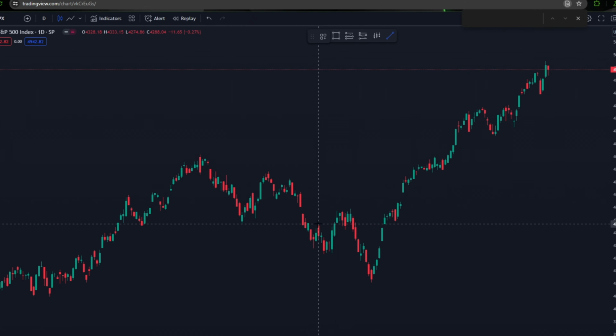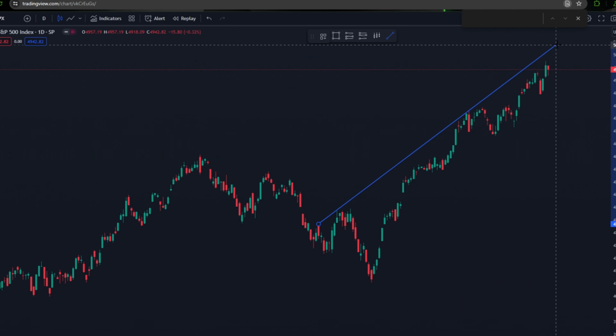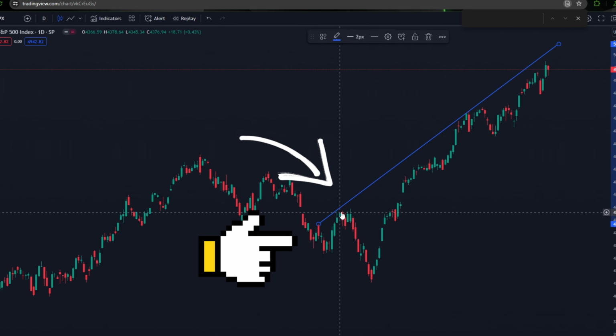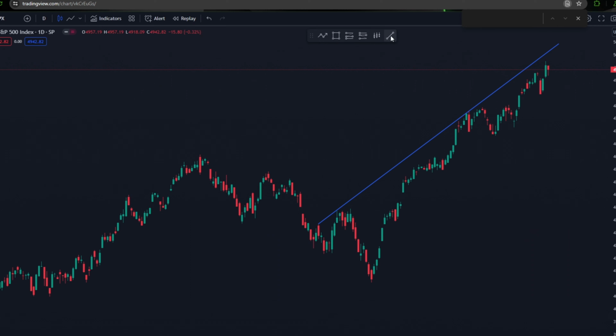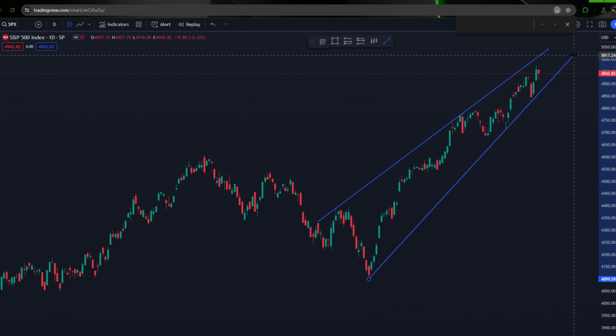So if you're on the chart, you'll see that you can draw a trend line up on the trend, but every trend line that you draw, just like support and resistance, needs 3 points. The big thing with trend lines is you can't really draw rectangles on them.